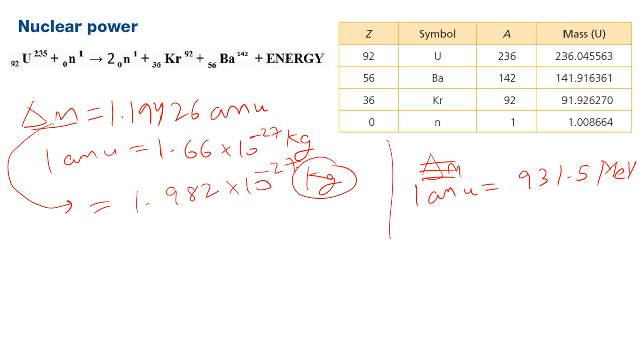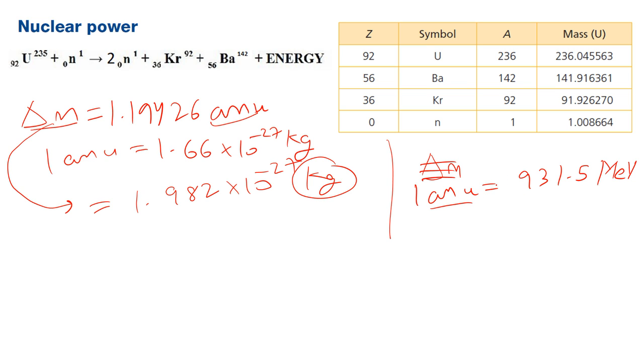Now convert this AMU into MeV and tell me the total mass defect. MeV is a unit of energy and AMU is mass. So kg, how can we? Yes, correct.